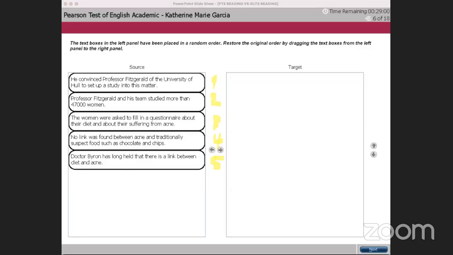What do you think is the correct sequence here? And let's try to see if it's easier compared to the types of questions that you received for IELTS a while ago. So I'm waiting for people to go ahead and type their responses.